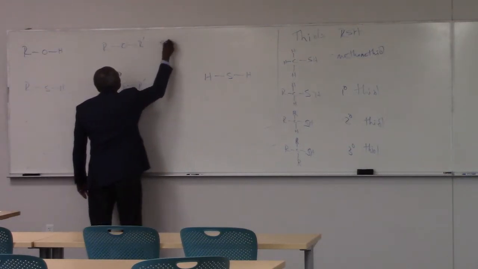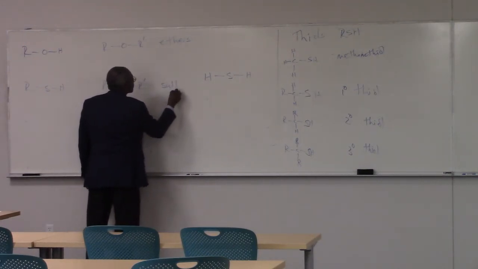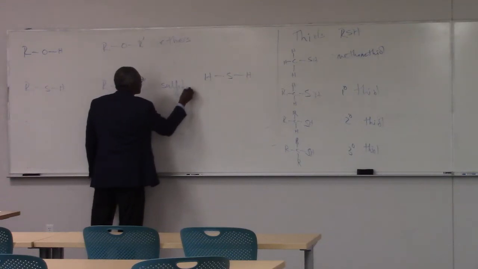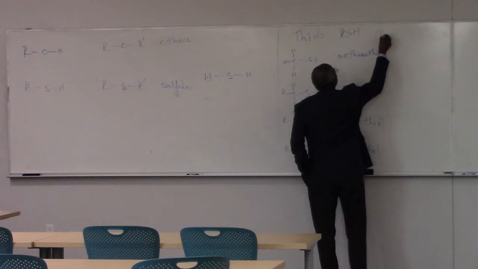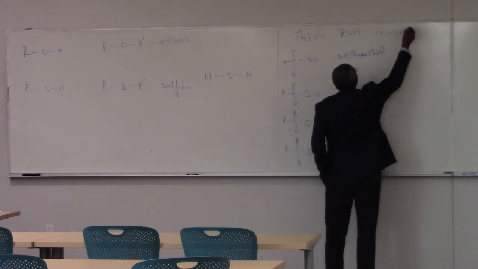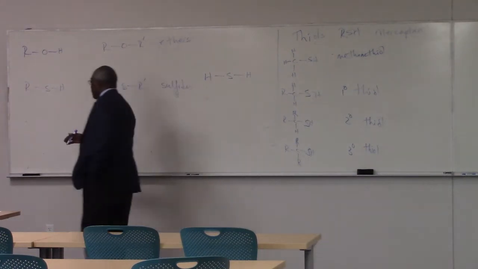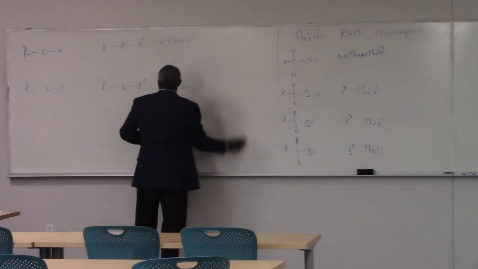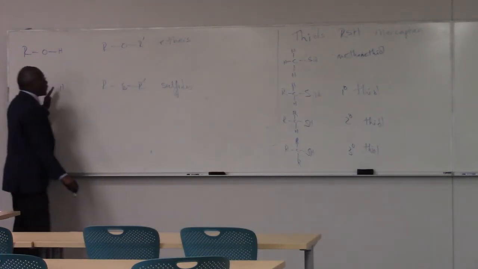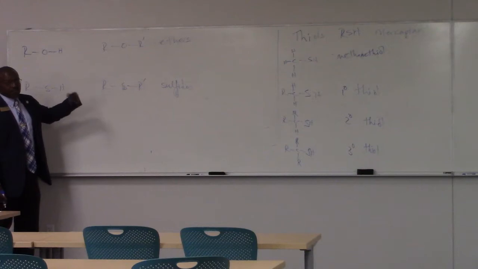These are called ethers. These are called sulfides. By the way, another word for thiol is mercaptan. So the terms thiol and mercaptan are interchangeable. Okay, so we won't study thiols and sulfides to any great degree, just to mention them.